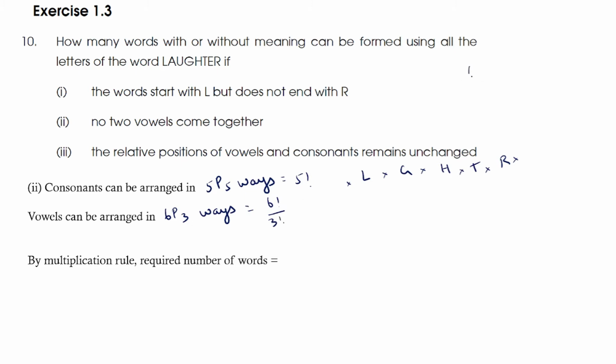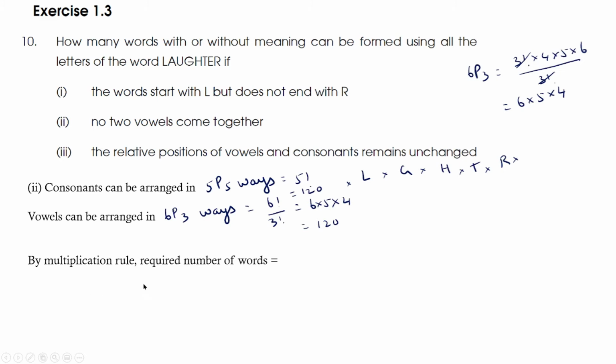Now we can write 6P3 as 3 factorial into 4 into 5 into 6 upon 3 factorial. So we can write this as 6 into 5 into 4, which is equal to 120, and 5 factorial is also equal to 120.